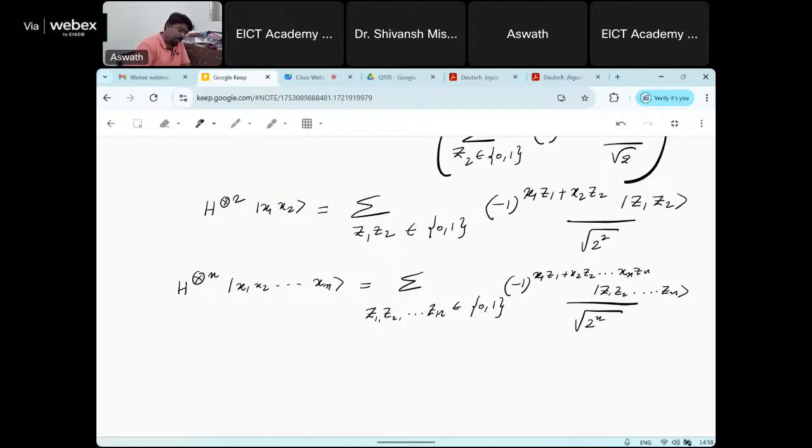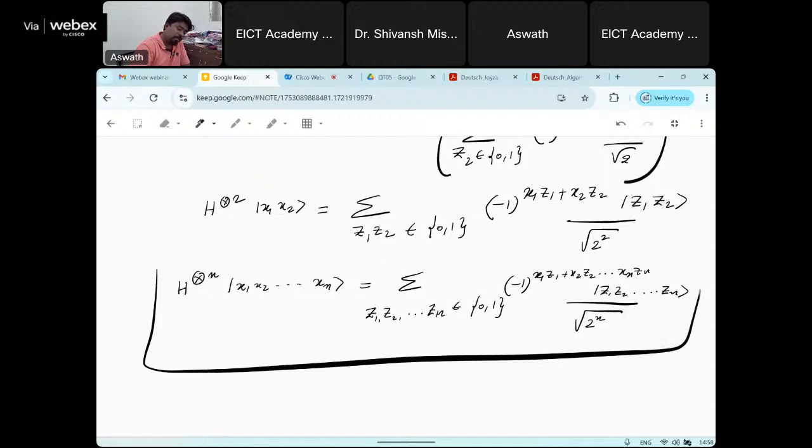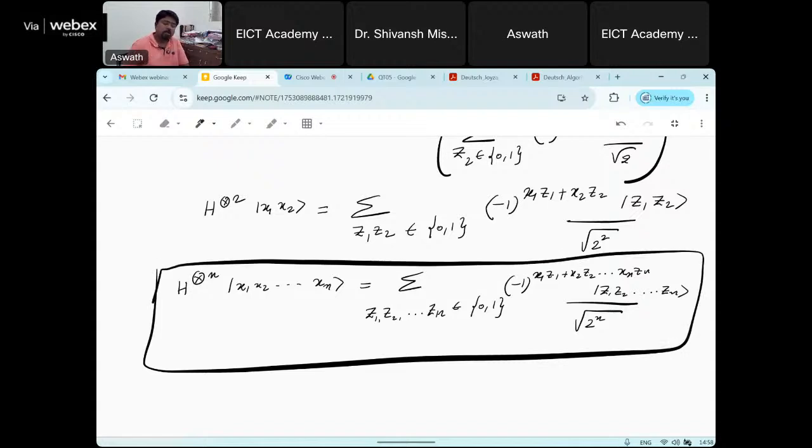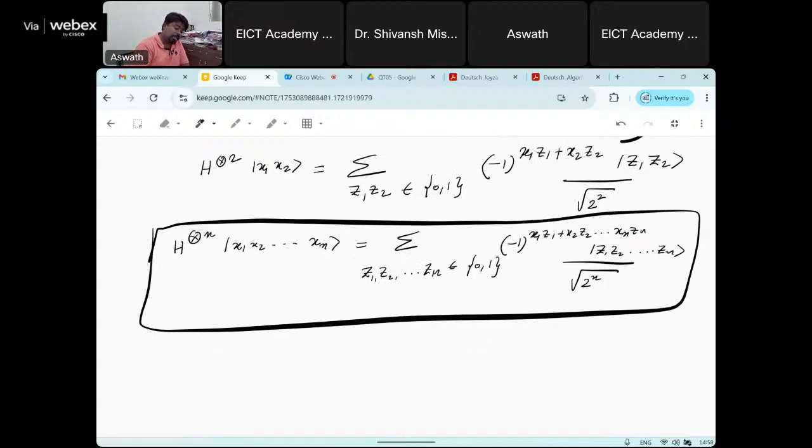So Hadamards are acting on a superposition, a state with n bits where each bit can be anything. It's like having n coins flipped at a time, all represented by x1 x2 and xn.